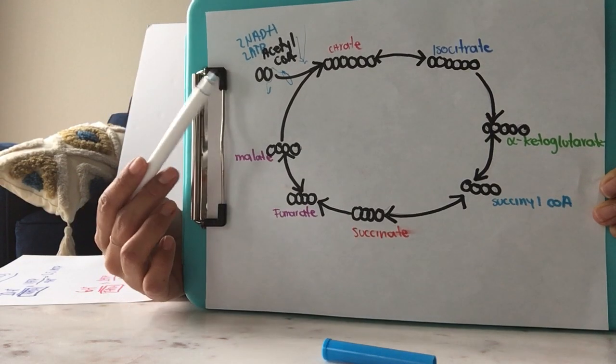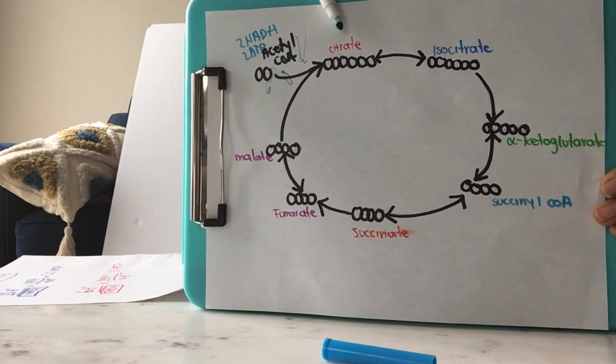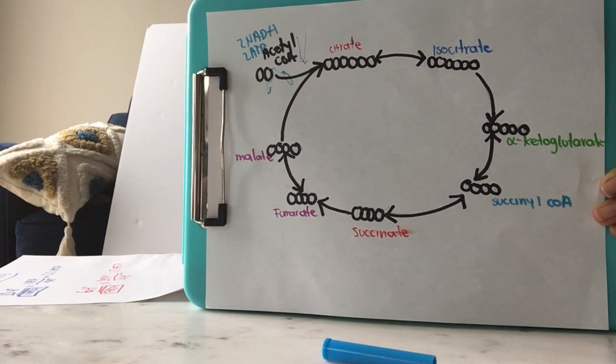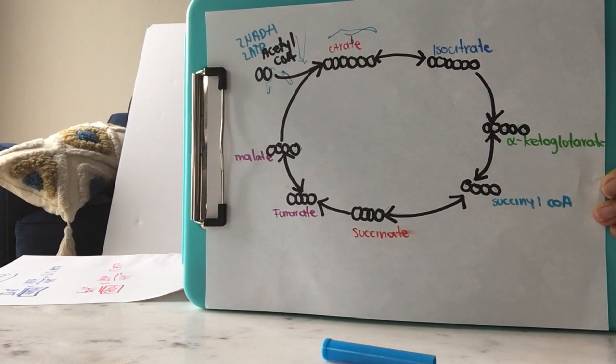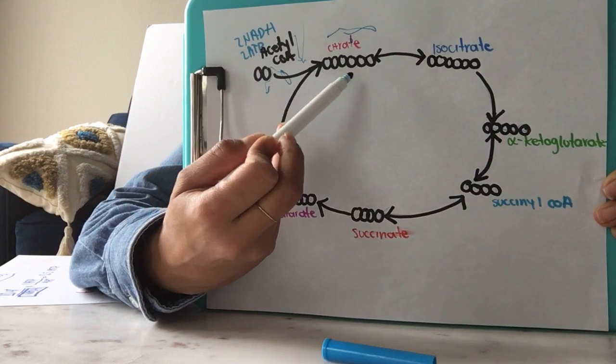The oxaloacetate combines with acetyl-CoA with the help of citrate synthetase. Here, there's the citrate synthetase and it forms citrate. This is an irreversible step, as we can see.